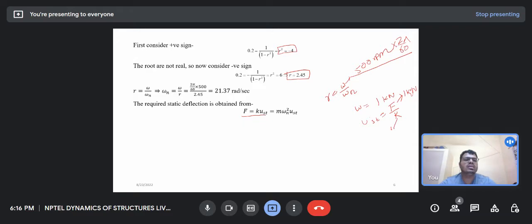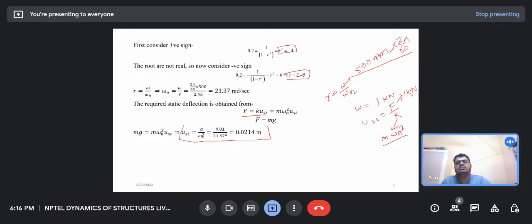You can first find out K. K you can find out as m omega n squared. So you have m, you have omega n, you have F, you can directly find out the UST. This is my UST, the static deflection, 0.0214.